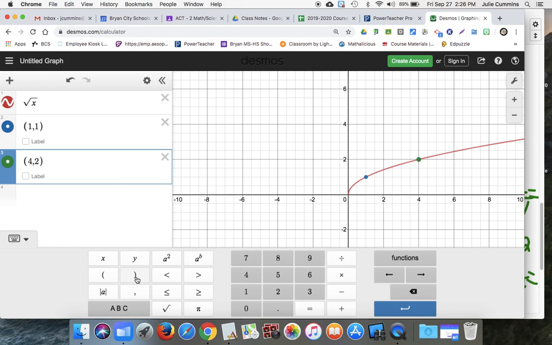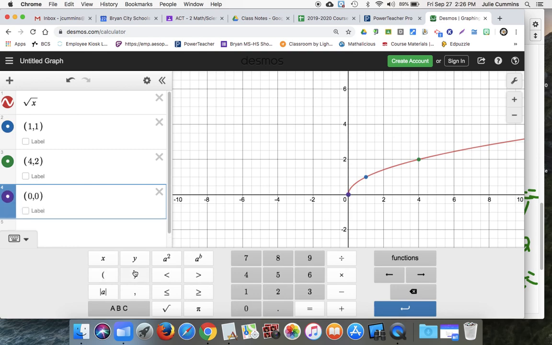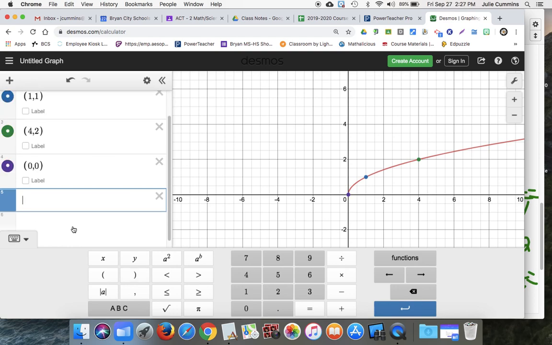Now, we also need to discuss what's happening at the point (0, 0). Okay, at (0, 0), if you draw a tangent line there, notice that tangent line is going to be vertical. So our tangent is going to be x equals 0. It has a vertical tangent line there.